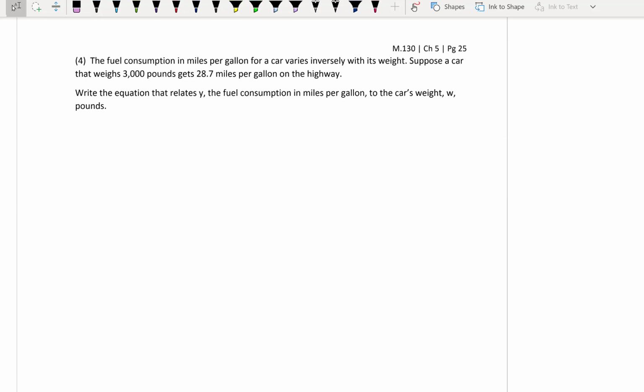Now for number 4. I'm going to go ahead and skip ahead and say that it varies inversely. And so I know that I have my y is equal to my k over my x. Okay, so now I'm going to read it. It says the fuel consumption in miles per gallon for a car varies inversely with its weight. Suppose a car that weighs 3,000 pounds gets 28.7 miles per gallon on the highway. Write the equation that relates y, the fuel consumption in miles per gallon, to the car's weight w pounds.